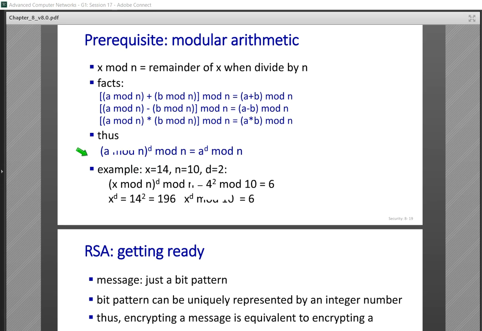Let's suppose that x is 14, n is 10, and d is 2. Okay? Let's replace this information here into the main equation. x mod n in power of d mod n equals 4 in power of 2 mod 10, which is equal to 6.